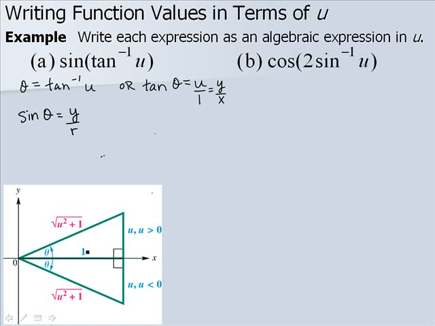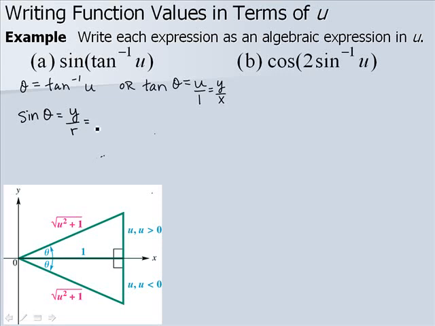So we set up our y value will be our u here, and our x value is 1. Notice that in quadrant 1, u is positive, and in quadrant 4, u is negative. When we do the Pythagorean theorem to find our hypotenuse here, we'll get the square root of u squared plus 1.